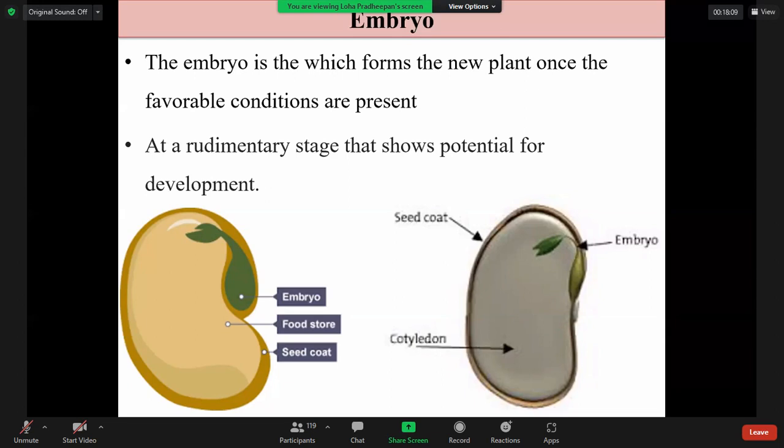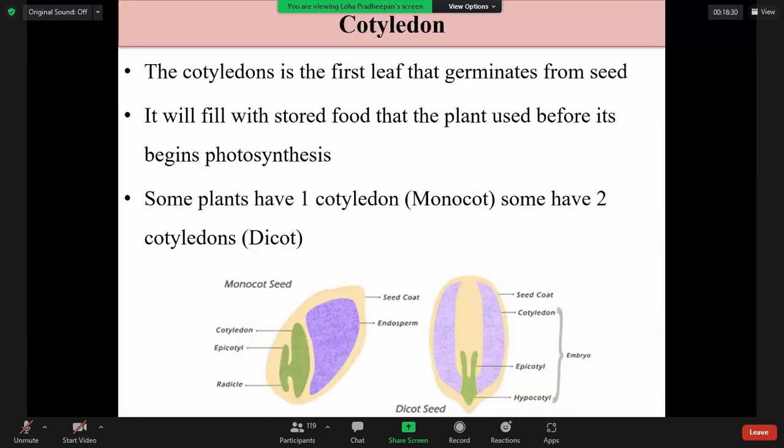Then the cotyledon: the cotyledon is the first leaf that develops or germinates from the seed.